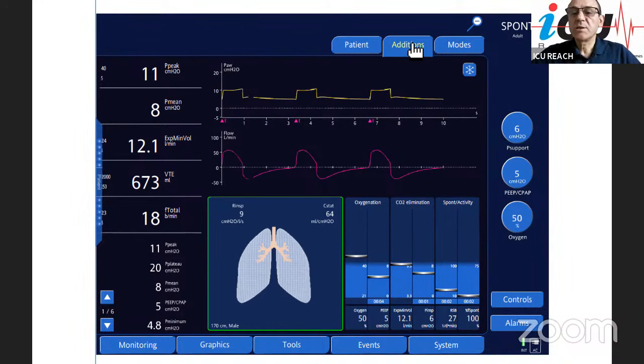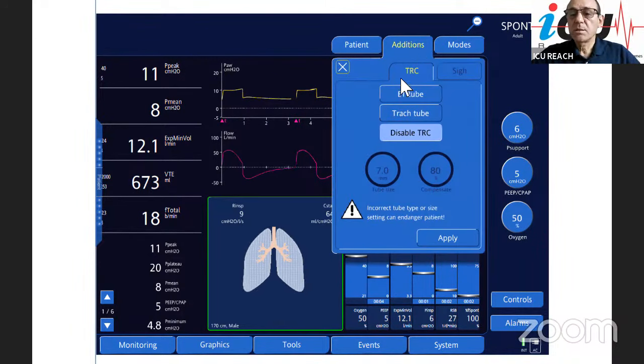So we go to additions, and you can see here it says tube resistance compensation. So it's called TRC rather than ATC. As I said, different ventilators may give you different names for this, but the principles are the same for all.